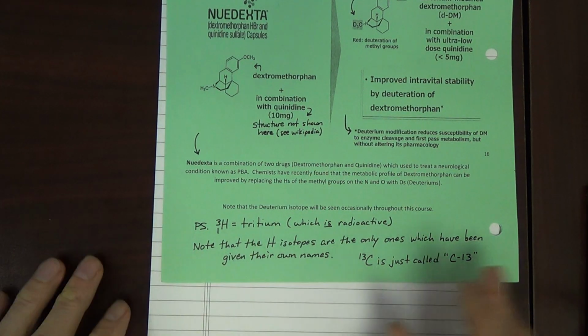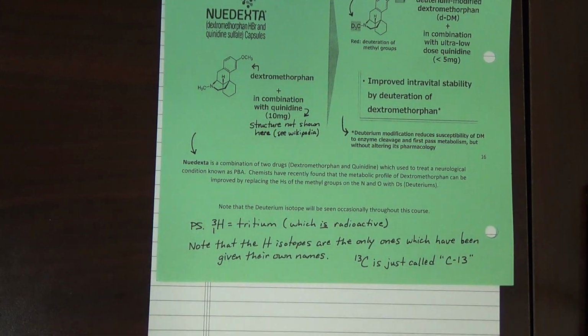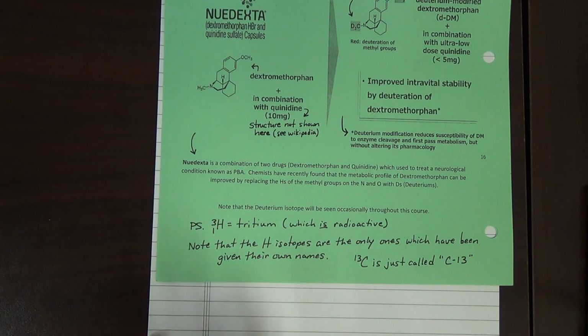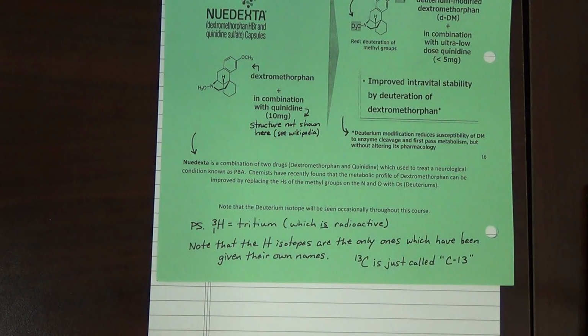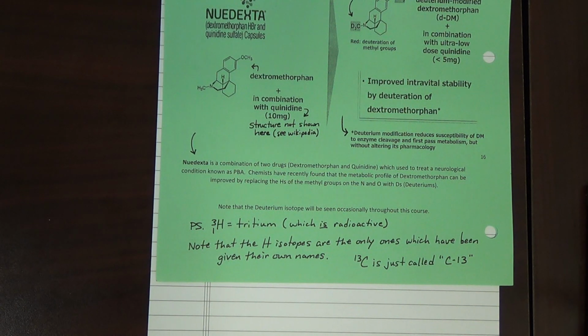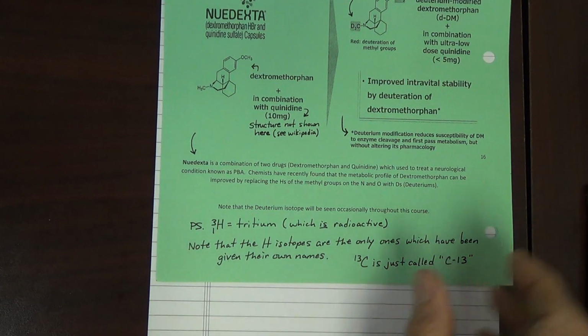I don't believe it's used much out there anymore. If you'd like to know why it's used, you would need to look into that, and you could find some information on your own. What I'm doing here is pointing out the names of the 2 additional isotopes of hydrogen and giving you some examples of their use.